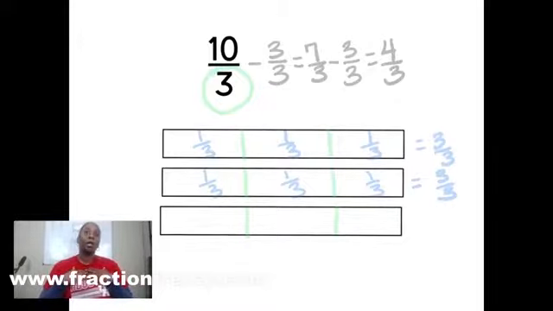I can understand if you're in third grade and you're introducing it and you want the kids to focus on the model. But for fourth and fifth grade, I would recommend that the algorithm and the model go hand in hand. So the students can see that this algorithm is actually a picture of this model.